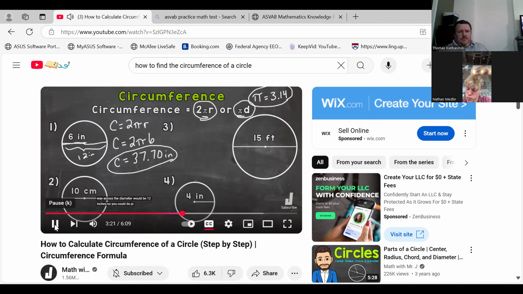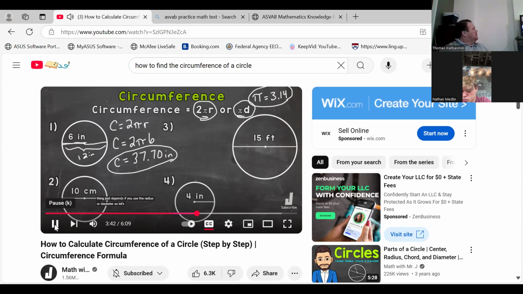So you could do pi times 12, and it would give you that same answer. Or if you're given a diameter, you can cut it in half, and you would have the radius, and you could use the 2 pi r. So both formulas are essentially the same thing, just depends if you use the radius or diameter.